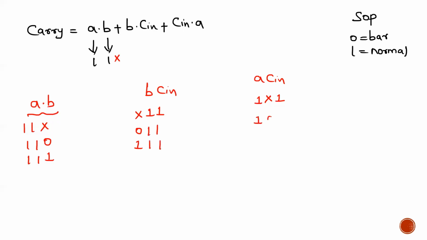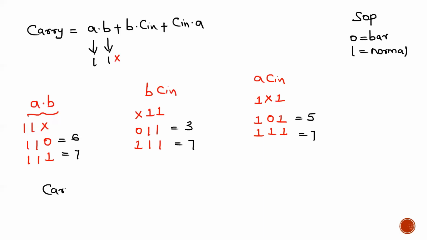And this is 1, 0, 1. This is 1, 1, 1. So first I am taking 0, next I am taking 1. So 1, 1, 0 equivalent in terms of decimal 6. This is 7. 0, 1, 1 is 3. This is 7. This is 5. This is 7.